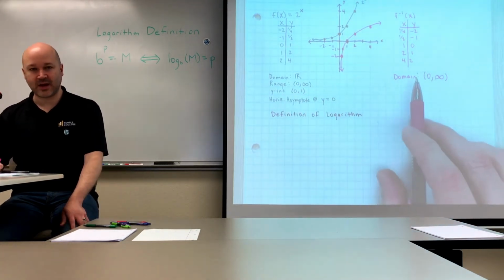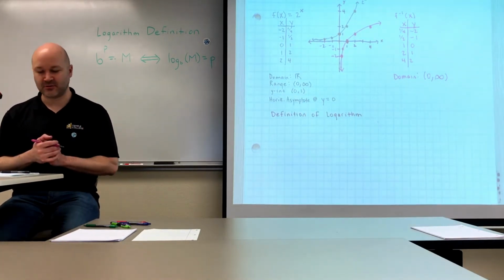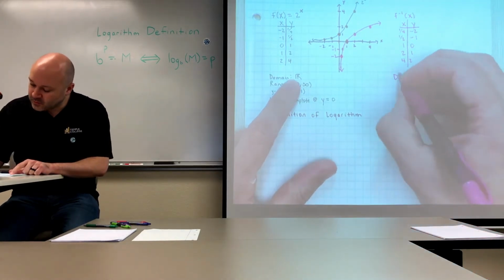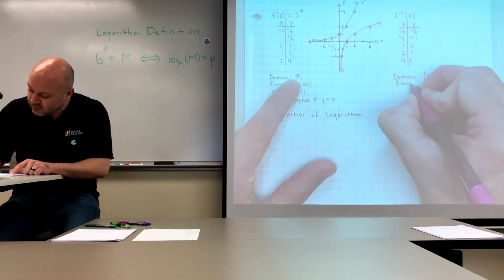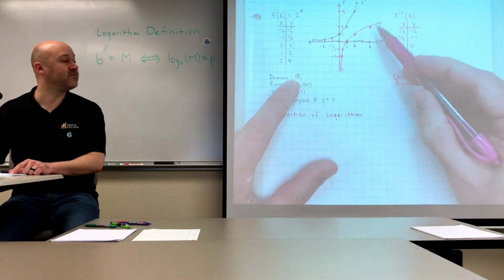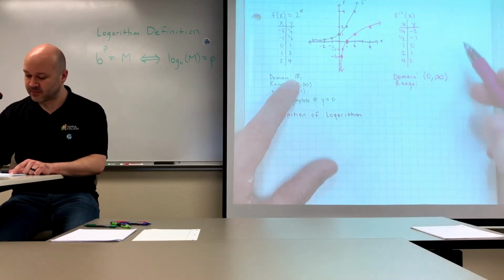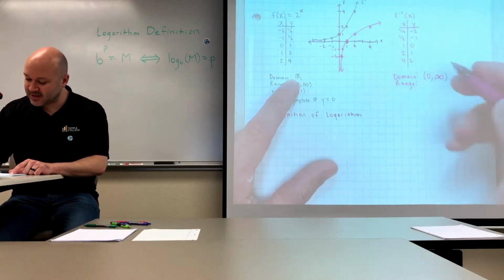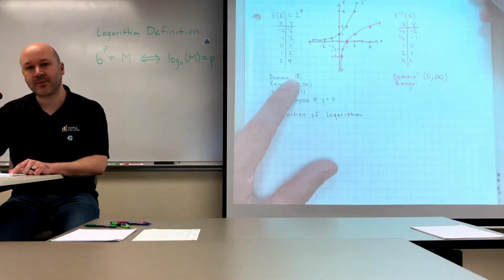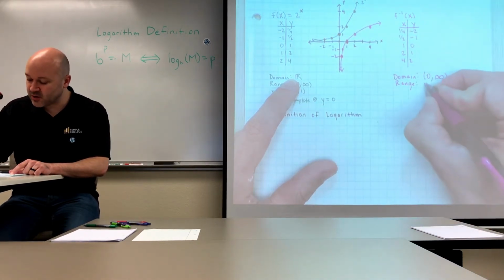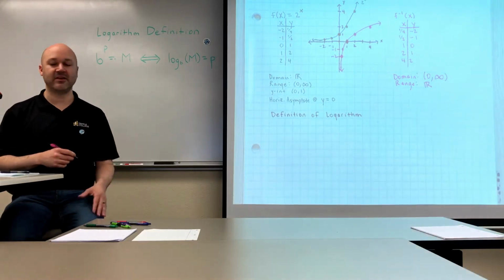Because the domain and range, those are x's and y's, and they've just been interchanged. So the range of this inverse graph will go all the way down to -infinity, all the way up to positive infinity. So I'm just going to write all real numbers, -infinity to positive infinity.